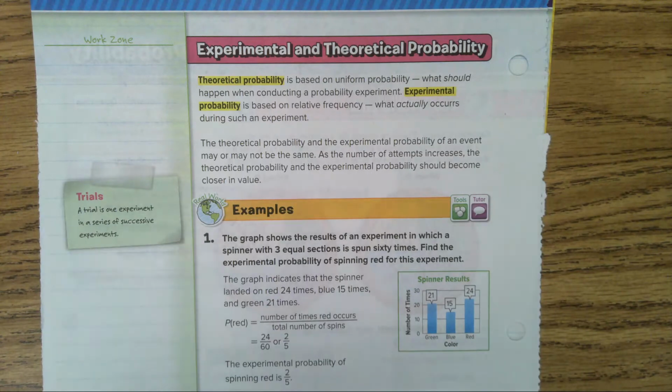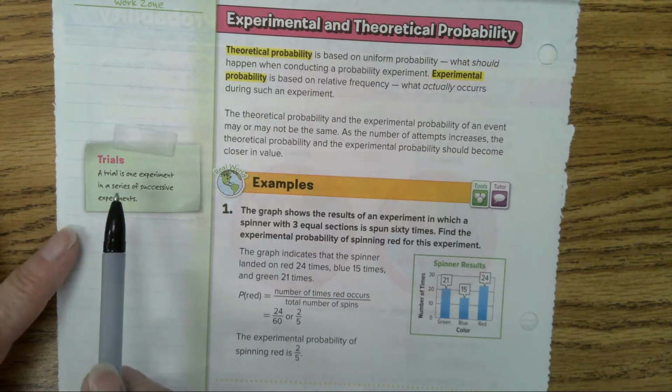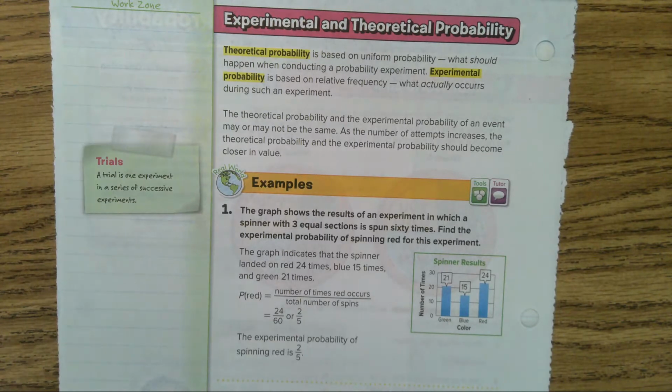The theoretical probability and the experimental probability of an event may or may not be the same. As the number of attempts increases, they should become closer in value. All right, trials. What does the word trial mean? A trial is one experiment in a series of successive experiments. So if you were flipping a coin, one flip would be considered a trial. If you flipped your coin 50 times, you would have 50 trials, okay?